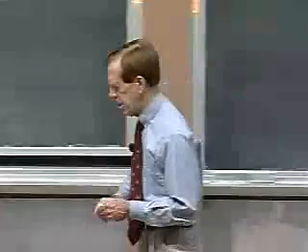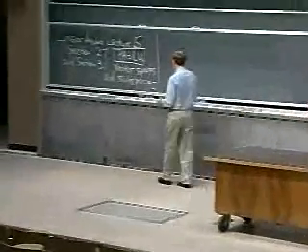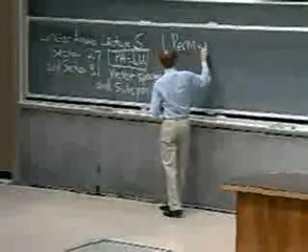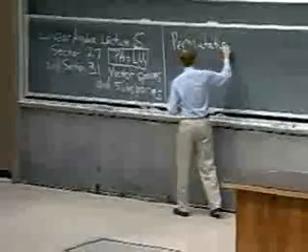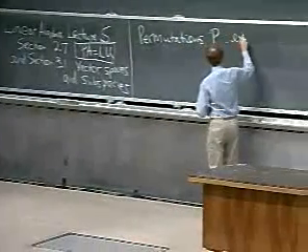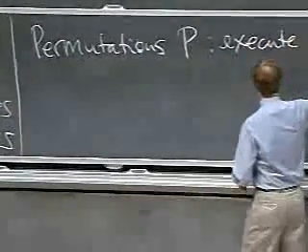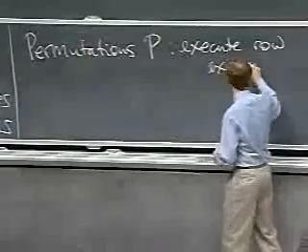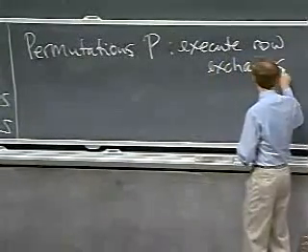These permutations, those are matrices P, and they execute row exchanges. And we may need them.